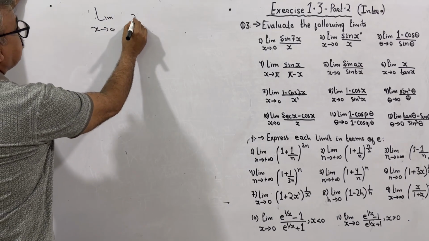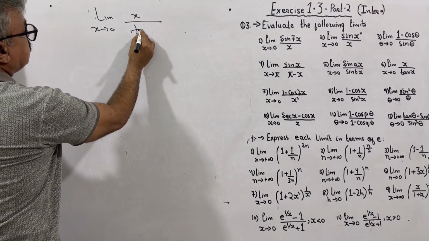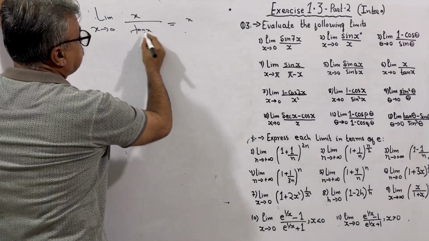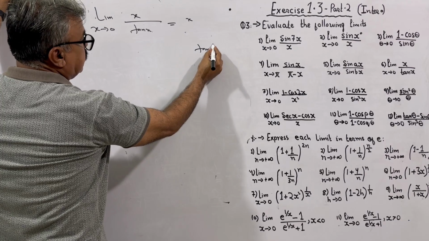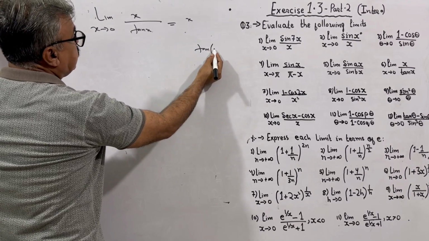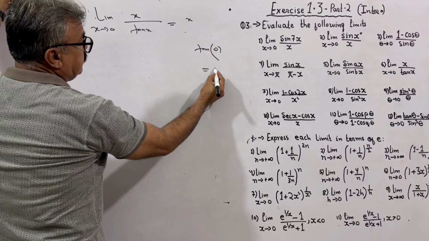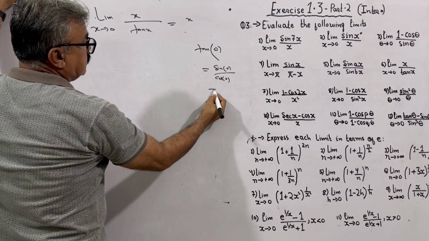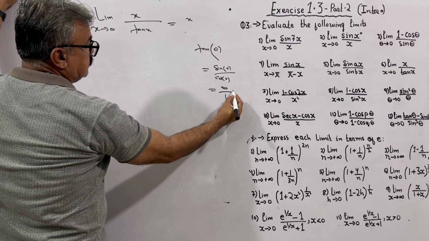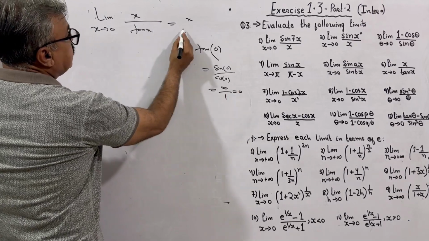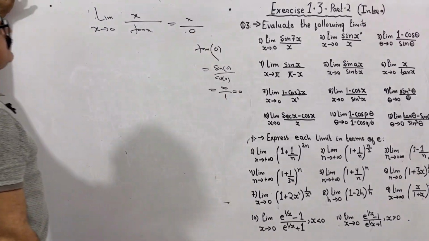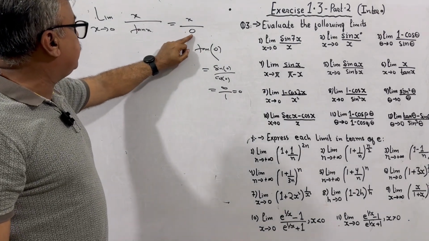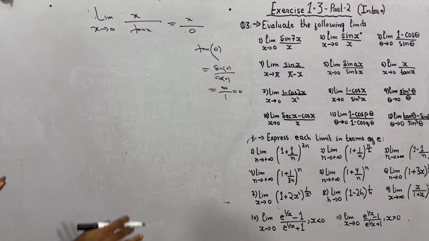Here we have x and tan x. Tan 0 means sine 0 over cos 0. Sine 0 is 0, cos 0 is 1, so tan 0 is 0. Again, it is an indeterminate form. We have to get rid of this 0.